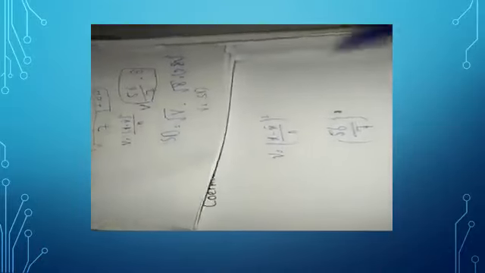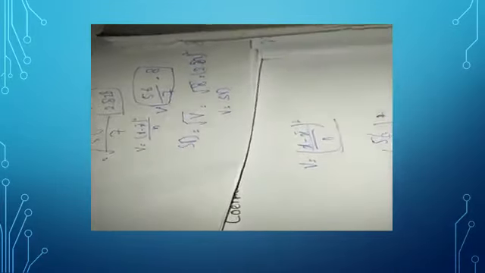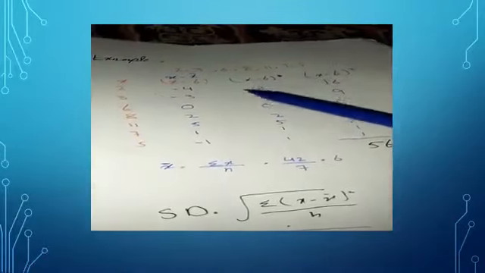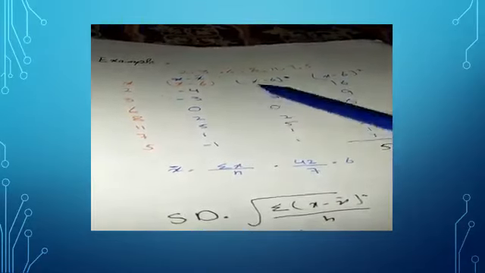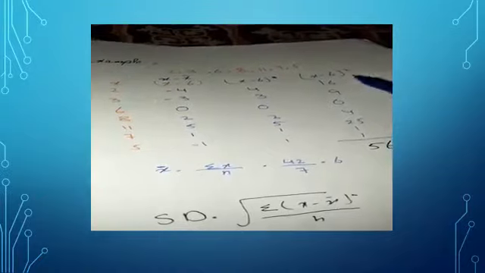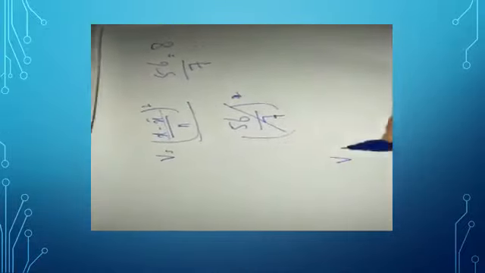To calculate variance, this is the formula, or this step we did in our previous example. x minus mean, we take the whole square, and this is the answer of 56. So simply 56 divided by 7, and the answer is 8. So the variance is 8.